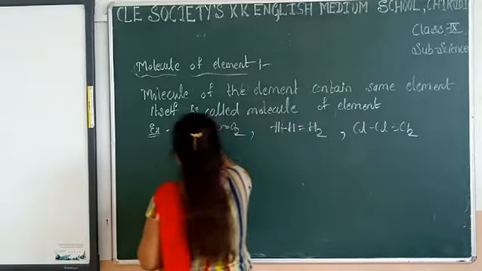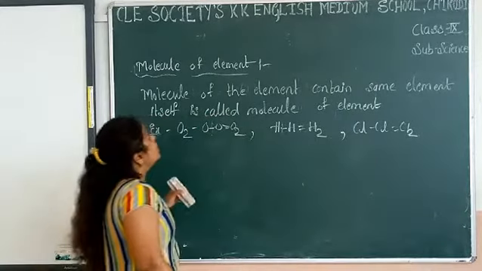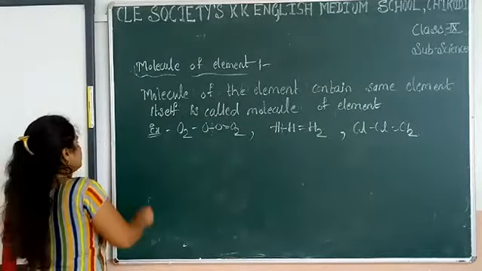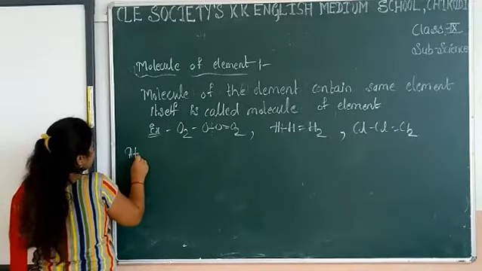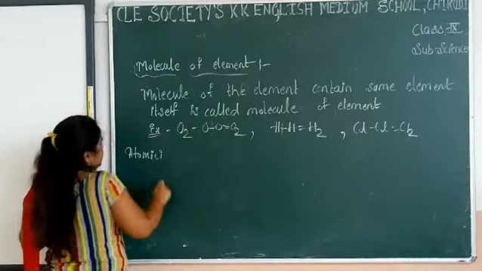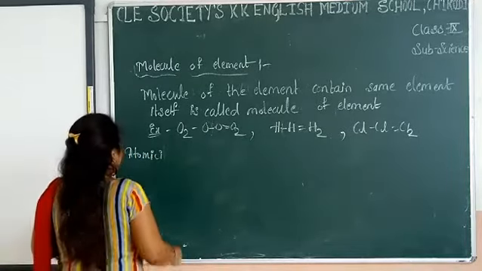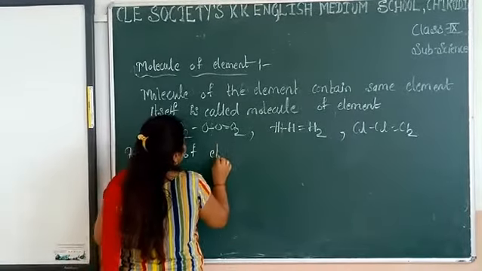These are some examples of molecules of element. Now, the second thing, atomicity. We are going to count the number of atoms in the element.